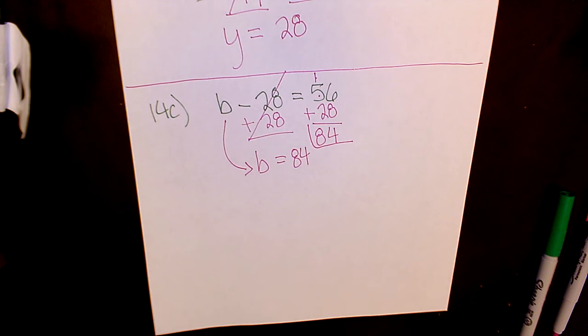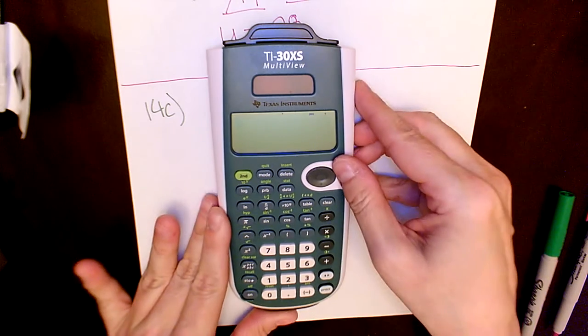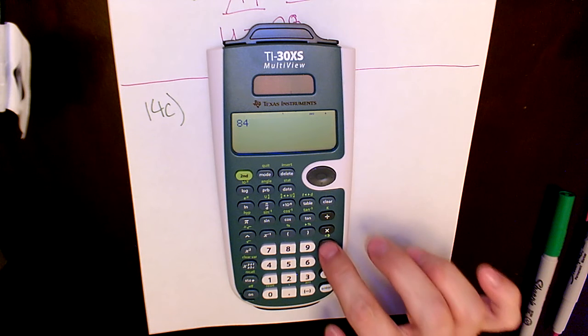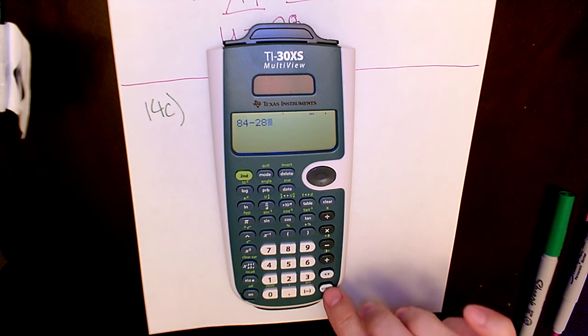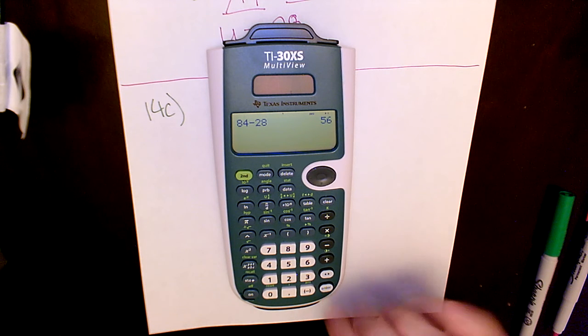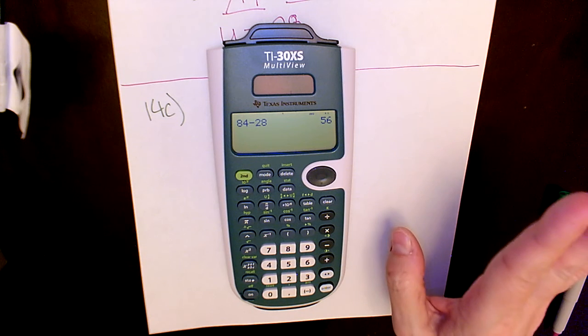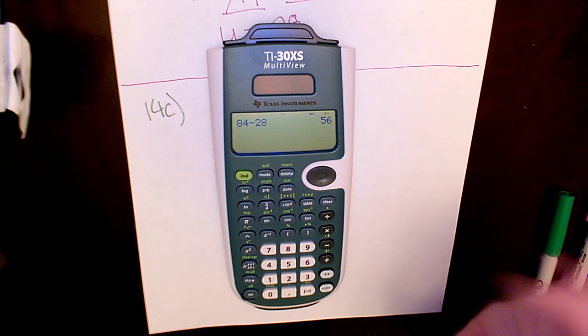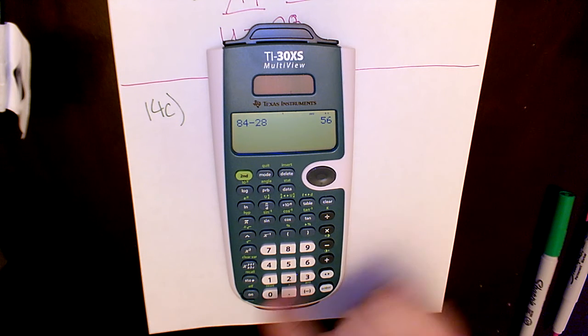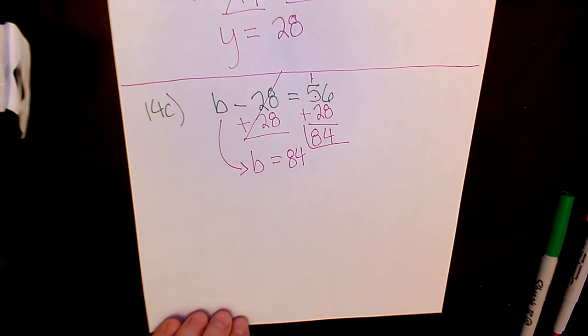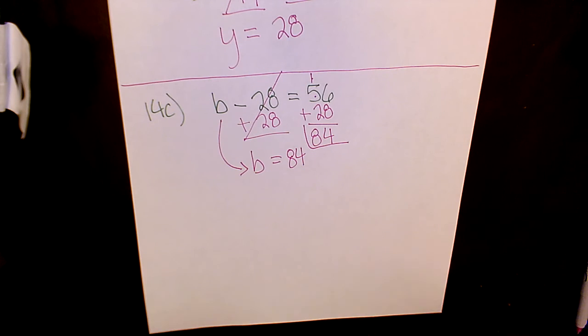I want to say, does 84 minus 28 give me 56? So 84 minus 28 gives me 56, so I know I'm right. Always check your answers, especially on a test or quiz. Okay.